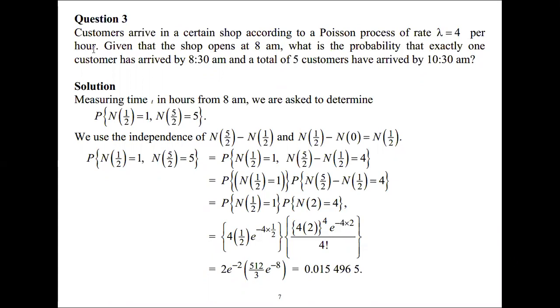It's not minutes, it's not seconds. Sometimes it could be seconds, days, or years. But this one is in hours. So the rate at which customers arrive in that shop is 4 per hour.